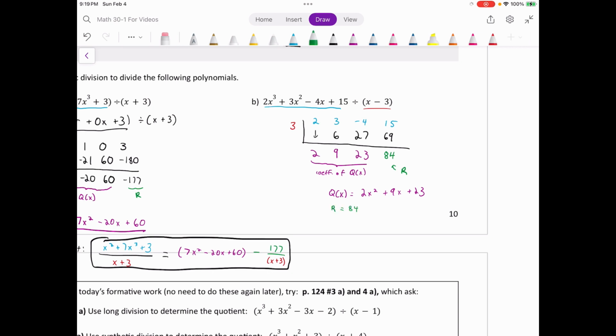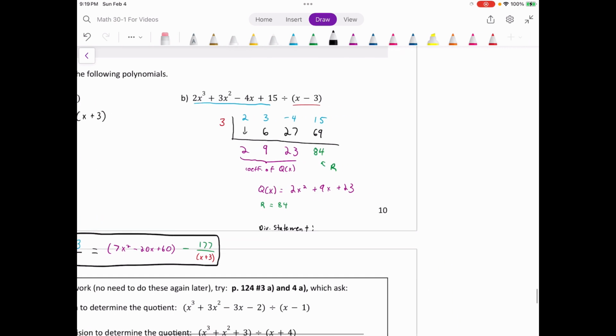So as a division statement, we would have dividend over divisor. So 2x cubed plus 3x squared minus 4x plus 15 over divisor. What were we dividing by? We were dividing by x minus 3.